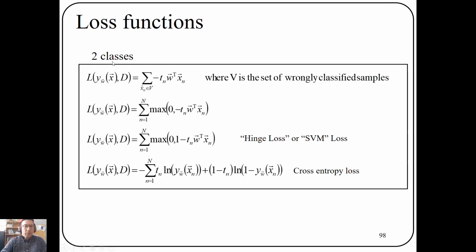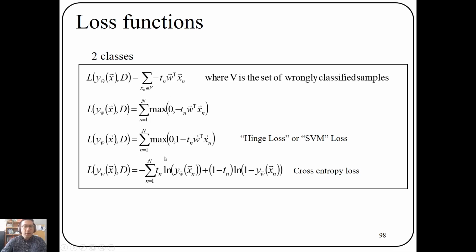We've seen a series of two-class loss functions. Here we have the perceptron criterion, which is the sum over all wrongly classified samples, which is exactly the same as this formulation here. And if you add a 1 there, this leads to the very well-known hinge loss or SVM loss.